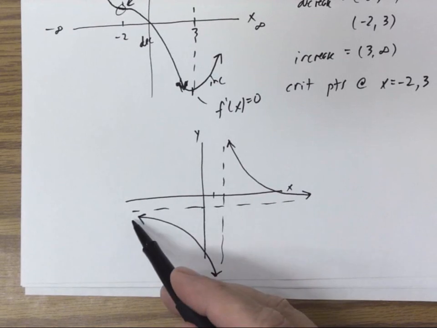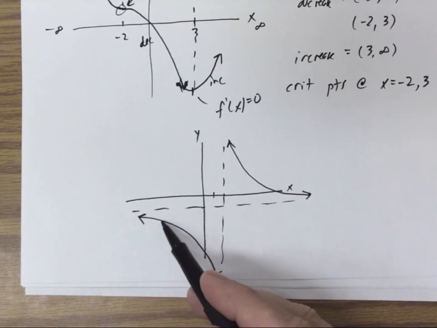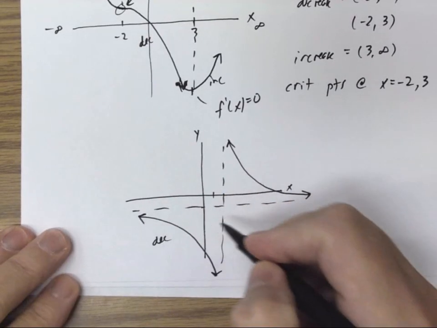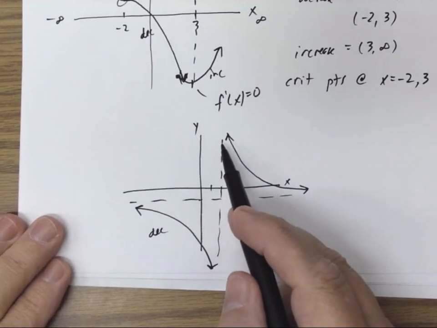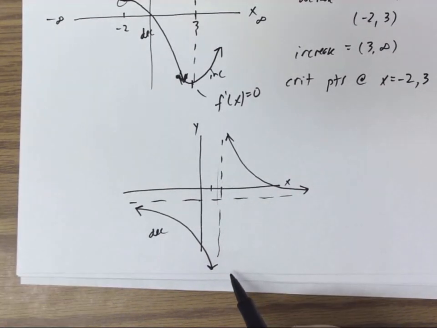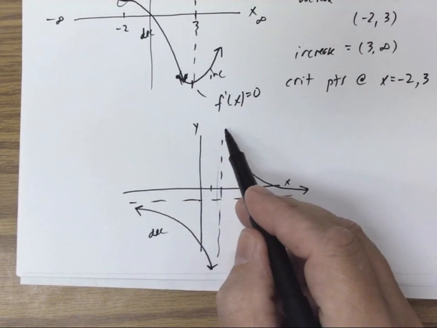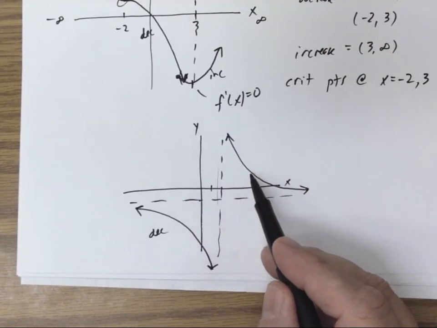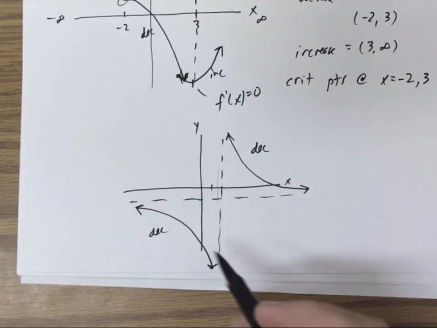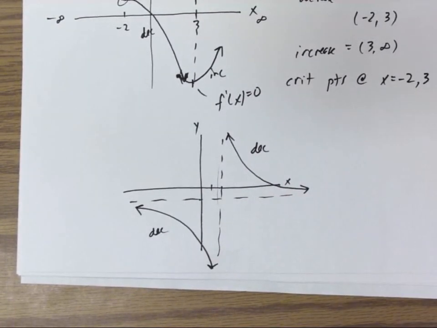When you look at it, this part of it is going down, it's decreasing. And then this is one of those graphs where we have a break or a jump. This is called a vertical asymptote. You have a jump and you pick up here, but as you keep moving to the right, it still is decreasing. So actually both parts of this graph are decreasing.